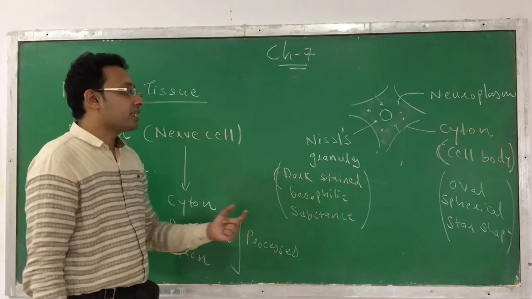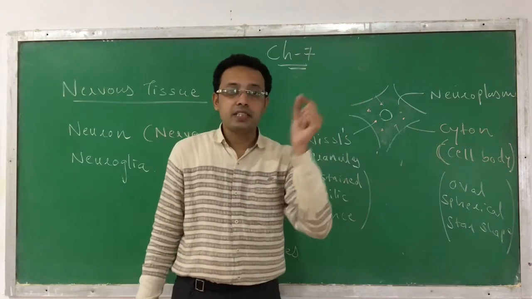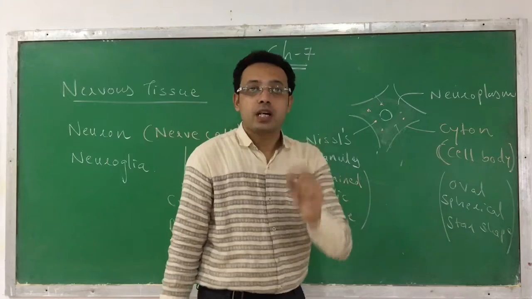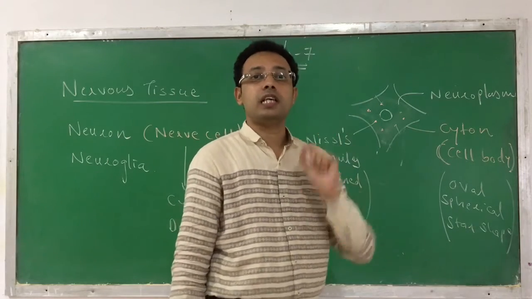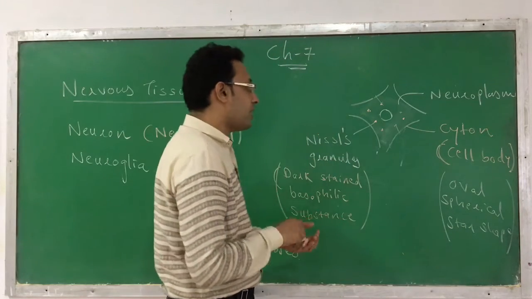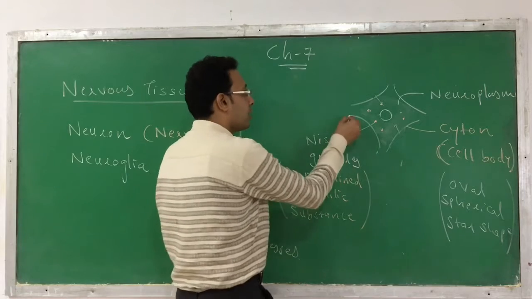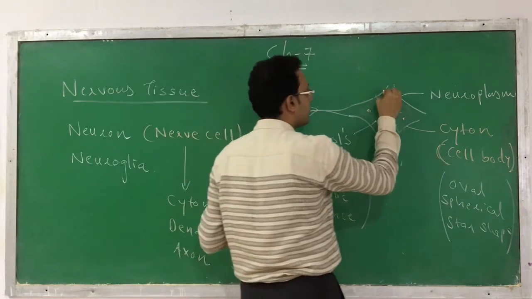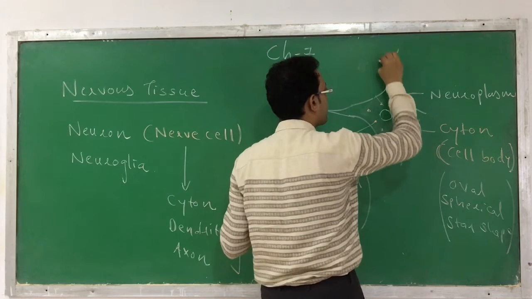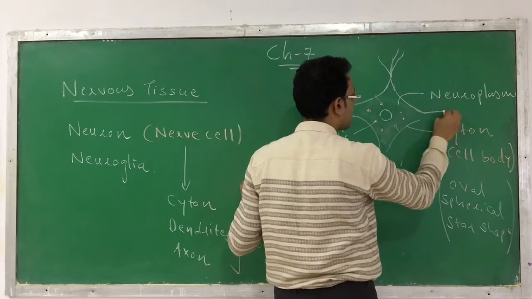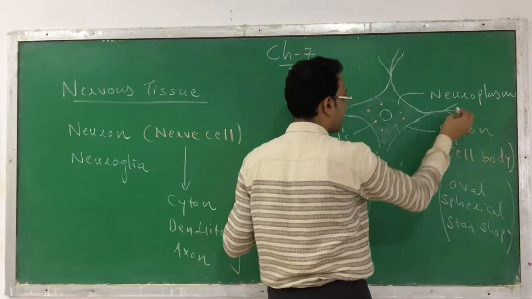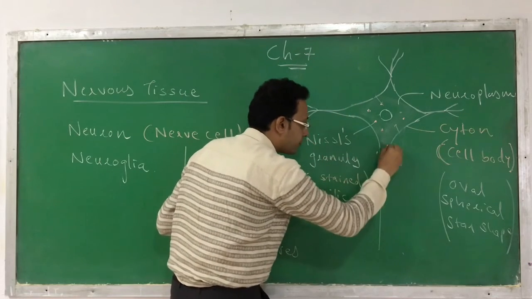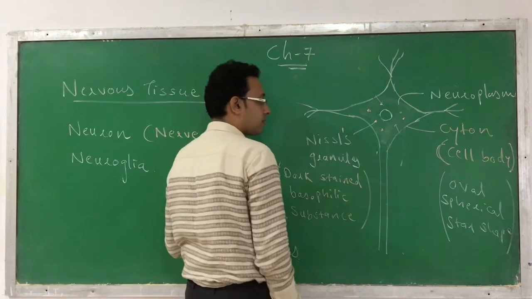The dendrites and the axon are the processes which arise from the cyton or the cell body. There are two kinds of processes that arise. The first kind is called a dendrite, like this. These are the kinds of processes that arise from it, and this is another kind of process that arises from it.